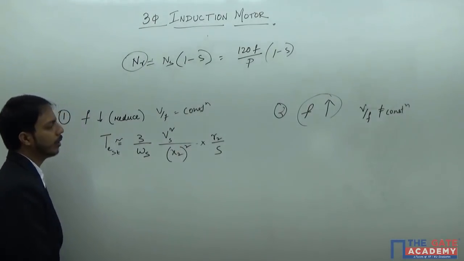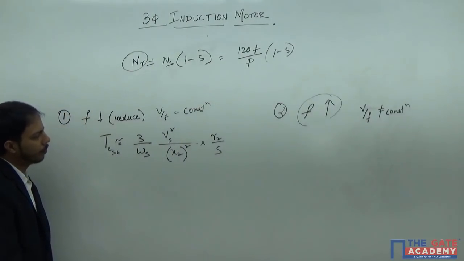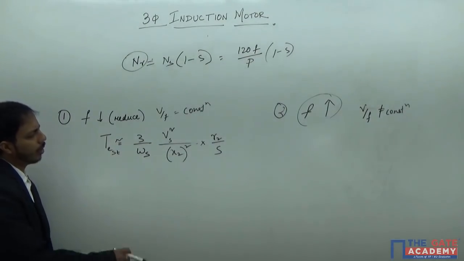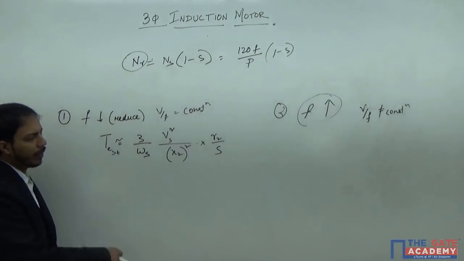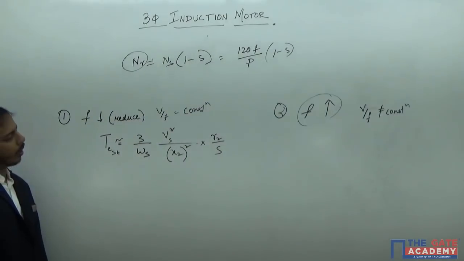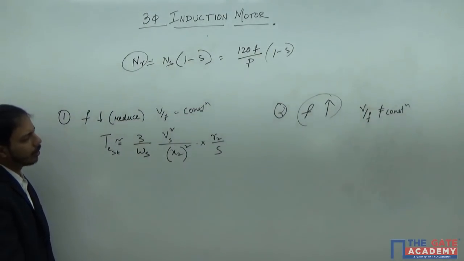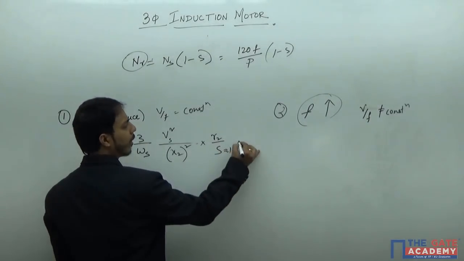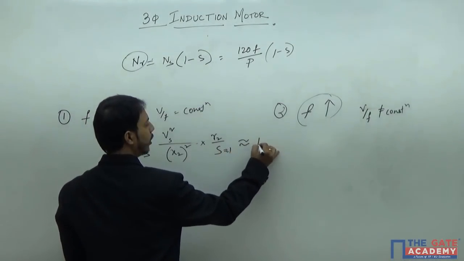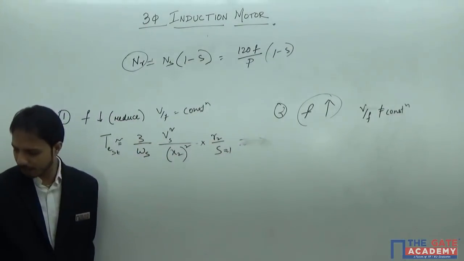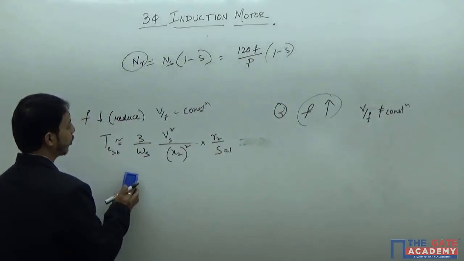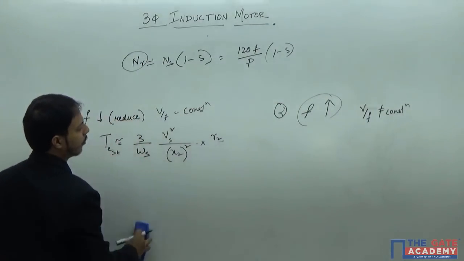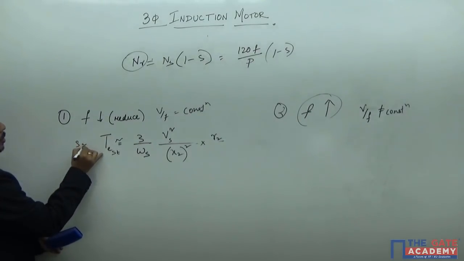So this is going to be the starting case. Now you see, V by F is constant. Now this term depends on frequency, and at starting the slip value is almost equal to 1. So we can remove this S, because at starting S is almost equal to 1.